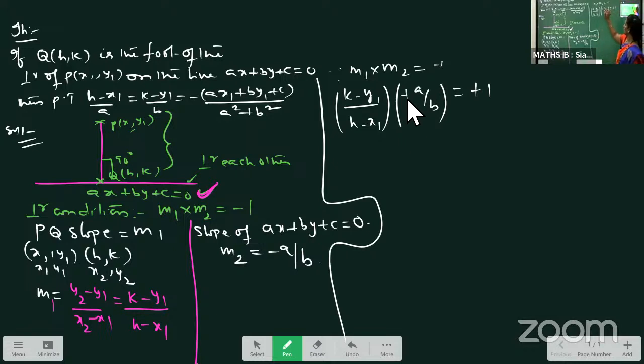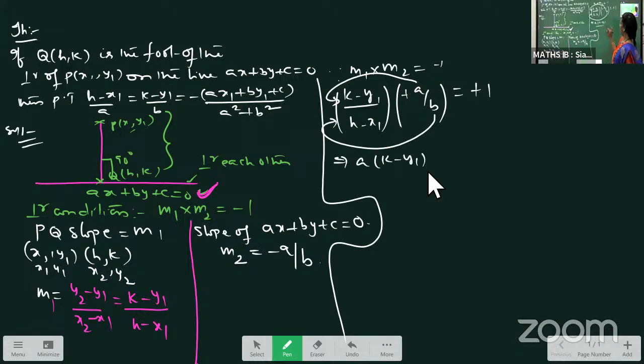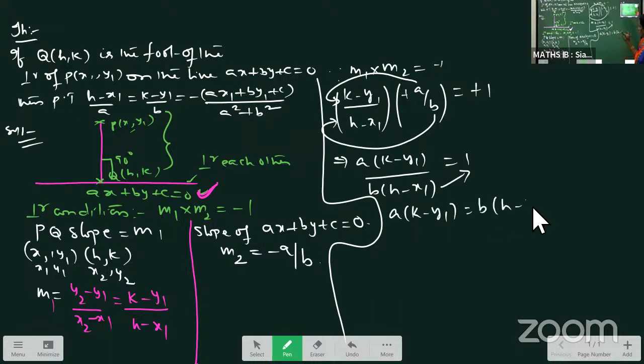Bring this a to this side and bring this one here. So this implies a(k - y1)/(b(h - x1)) = 1. Do the cross multiplication. So a(k - y1) = b(h - x1).